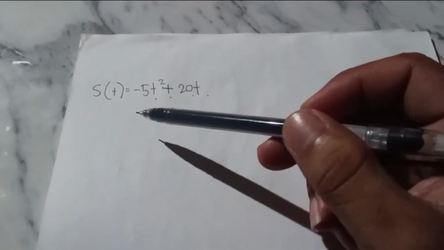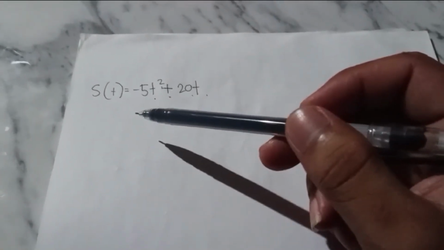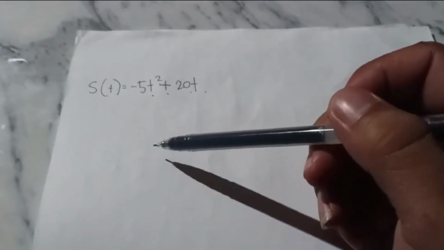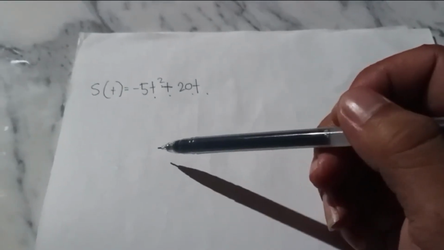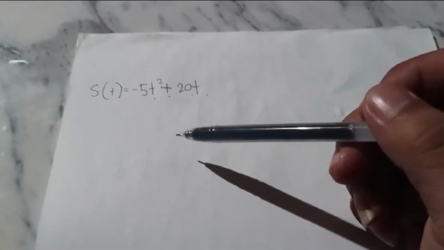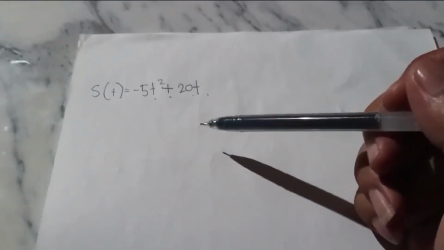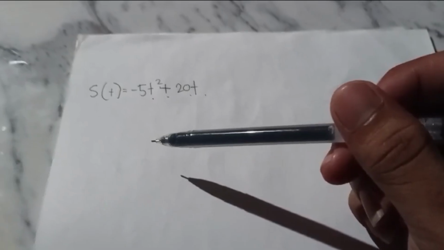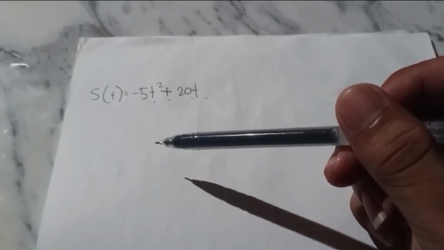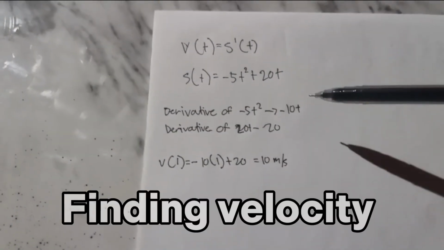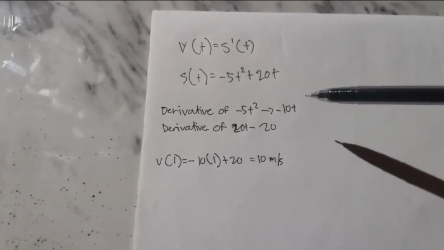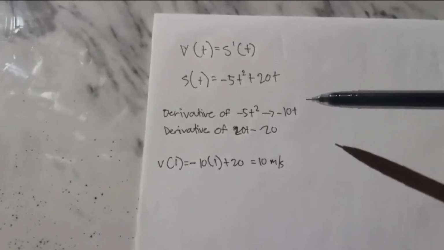This gives the height of the ball at any time t. To find how fast the ball is moving at an exact moment, we use the derivative. The derivative of position gives us instantaneous velocity.